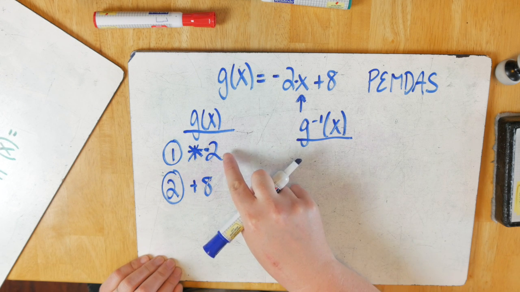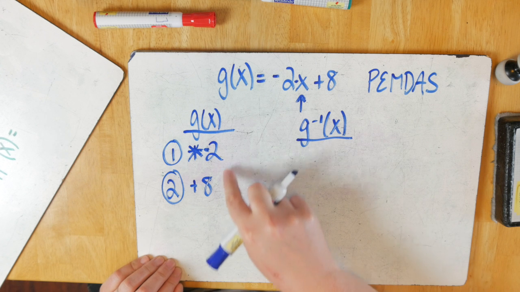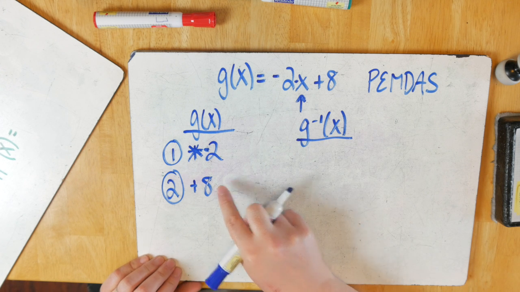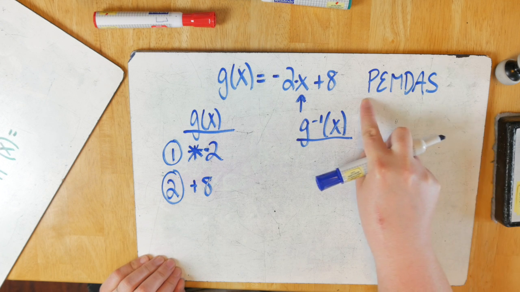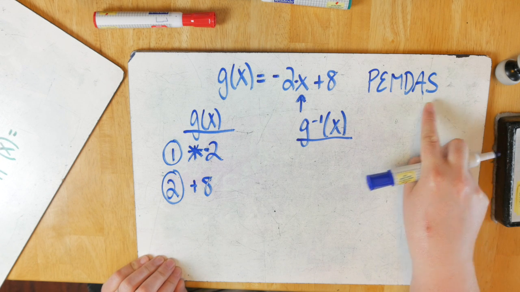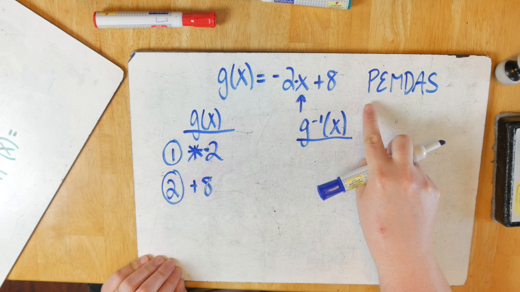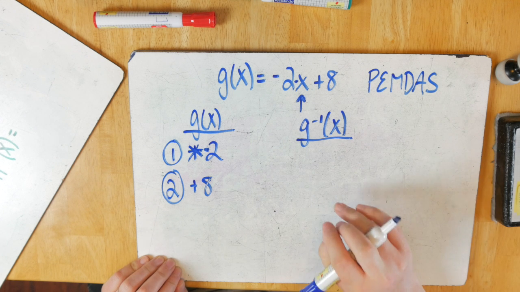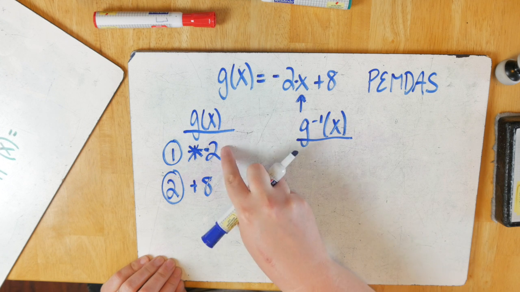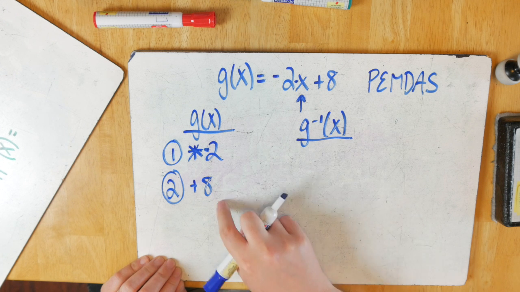But we also have to reverse the order that these two operations happen in, and that's because of order of operations. Because in finding the inverse function, we have to completely undo the original function. And so that not only means reversing the two operations, but also reversing the order.